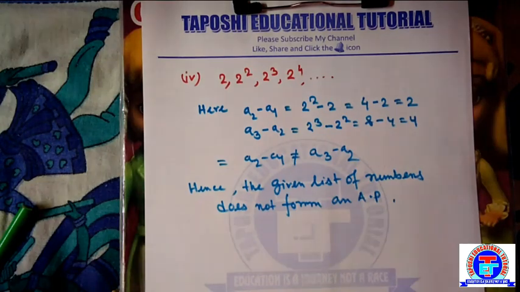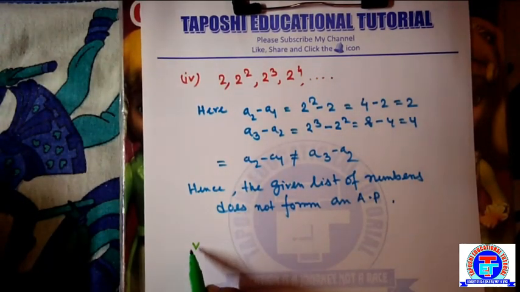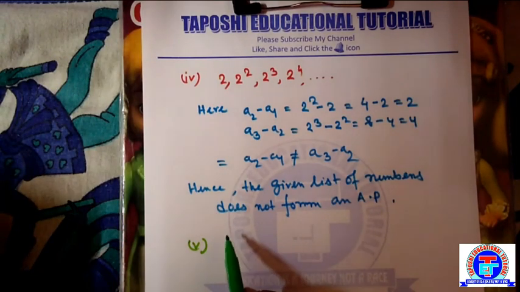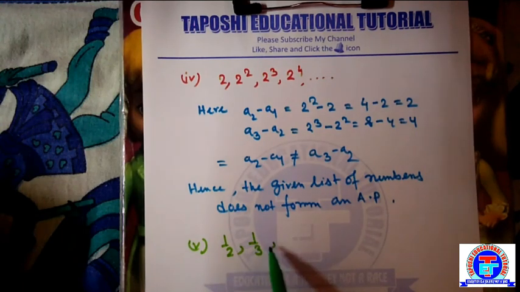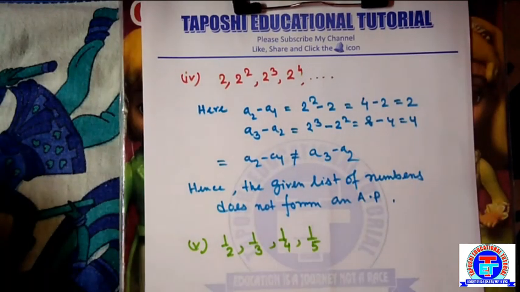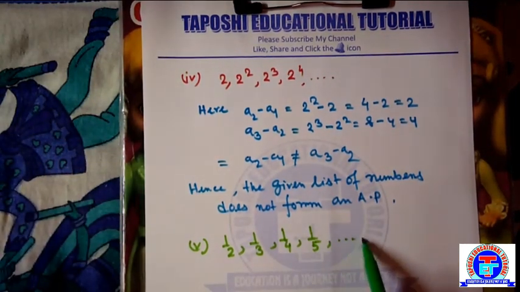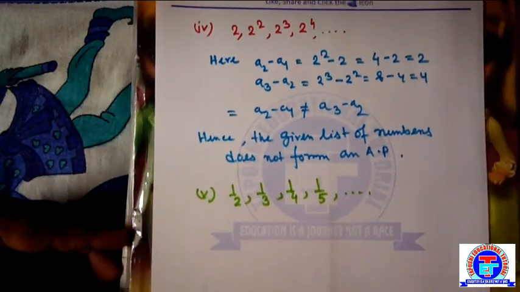Now next sequence, that means the list of numbers here, number 5: 1 by 2, 1 by 3, 1 by 4, 1 by 5, right? And so on. So let's check is it AP or not. That means it is from an AP or not, right? Let's check how to find out.